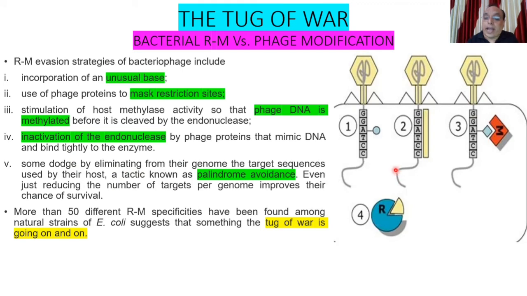They can synthesize proteins which bind to the restriction enzyme to inactivate it. Inactivation of endonuclease by phage proteins that mimic DNA and bind tightly to the enzyme.